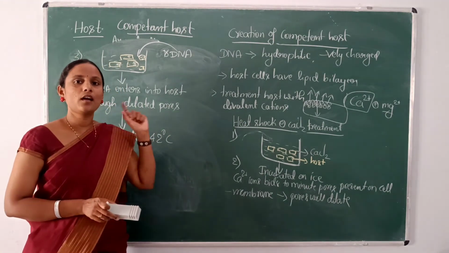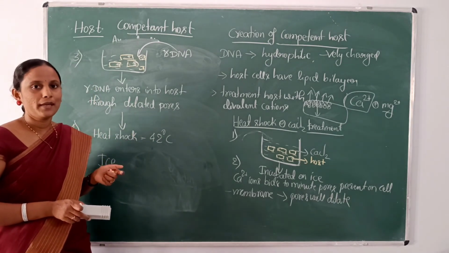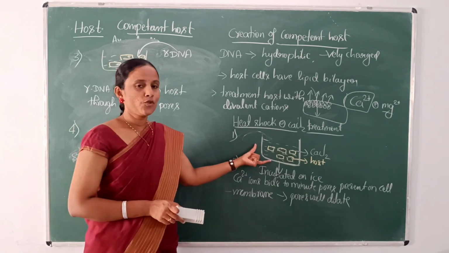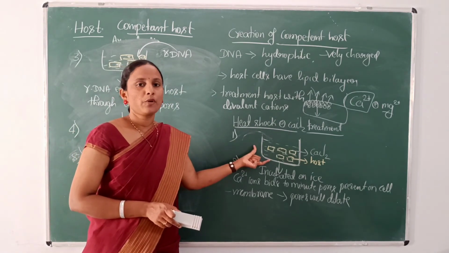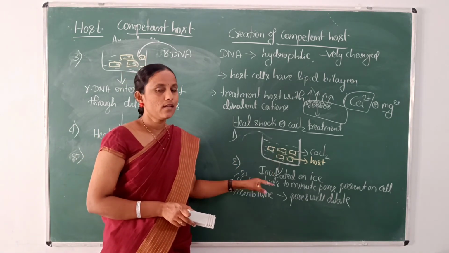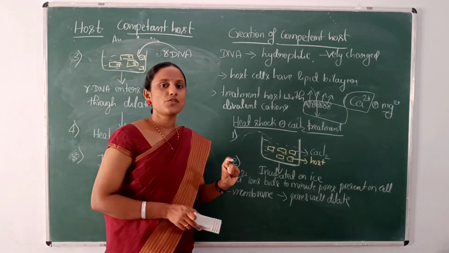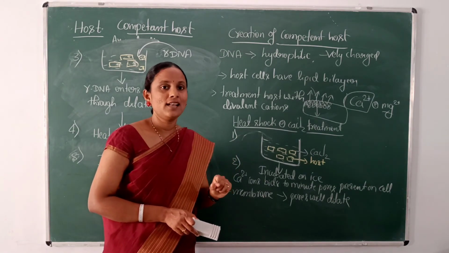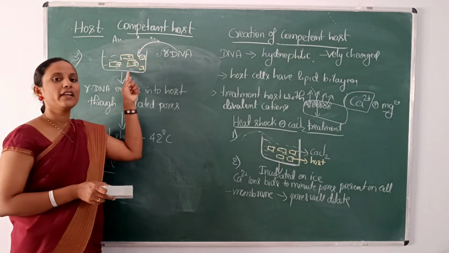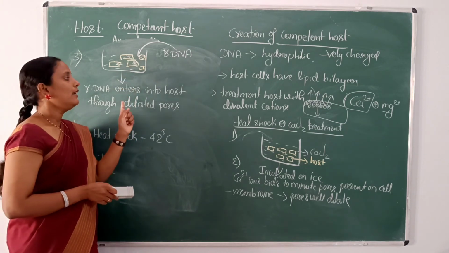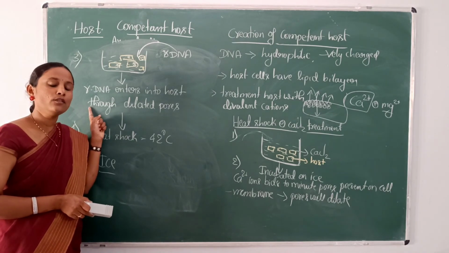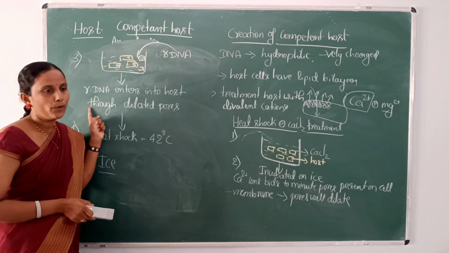Have you remembered now how we can create the competent host by the heat shock method or calcium chloride treatment? A solution of calcium chloride is prepared, and host cells are added to it and incubated on ice, during which calcium ions will bind to the minute pores present on the host cell and dilate them. After dilation of the pores, recombinant DNA will be added to the solution and will enter the host cell through the dilated pores.